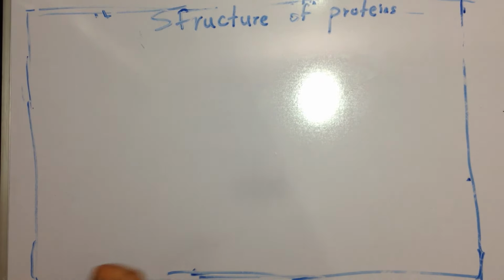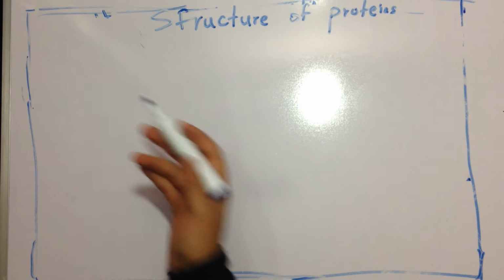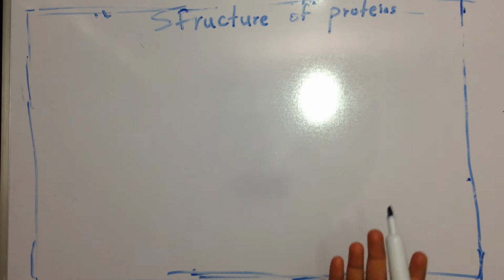Okay, so some proteins have a very simple structure, some have a very complex structure. So to do their function properly, they have to undergo some levels.